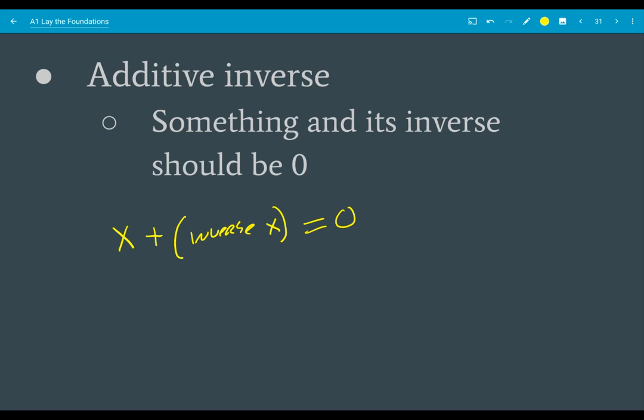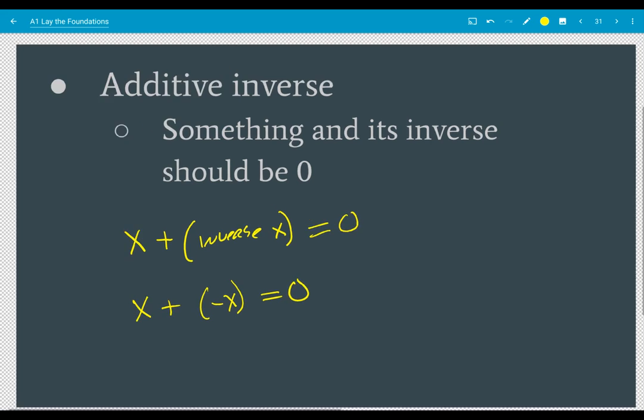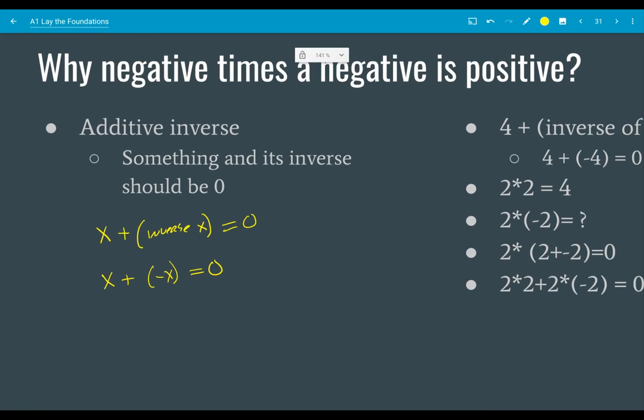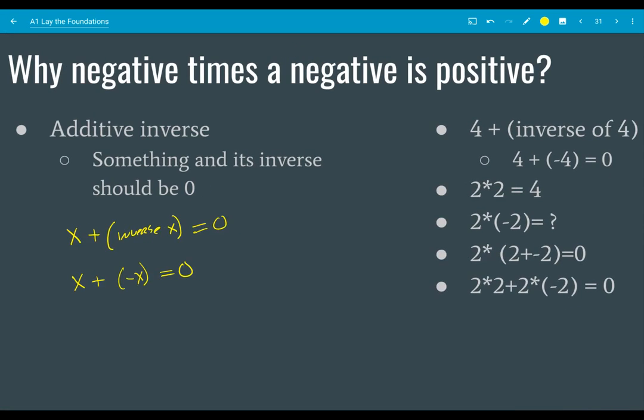Well, we can establish from addition that the inverse of x is negative x, and that gives us 0. So that's where this idea of a negative times a negative comes from.